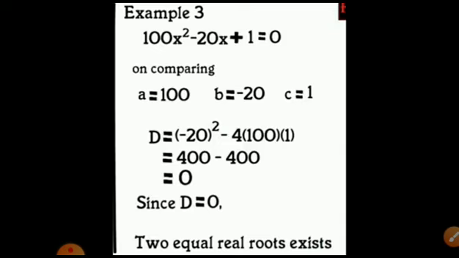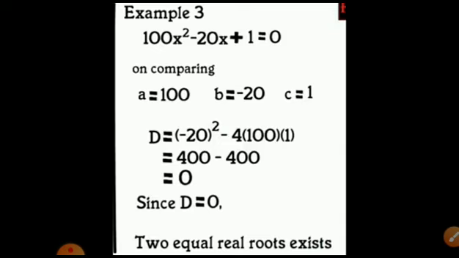What we should do is compare it with the standard quadratic equation, find the values of a, b, c, find the value of the discriminant b square minus 4ac, then check the condition. If b square minus 4ac is equal to 0, it has equal real roots.